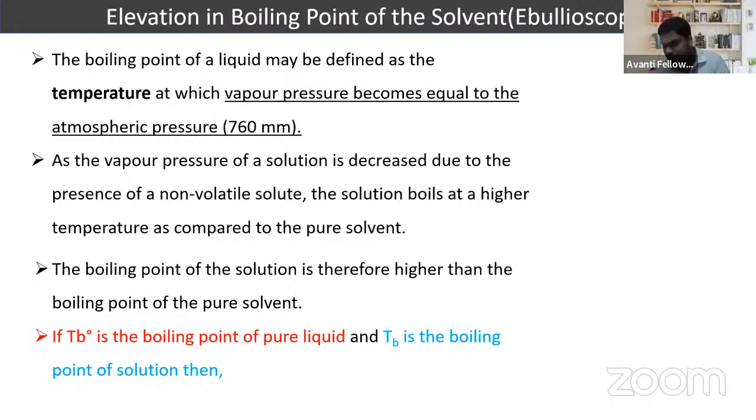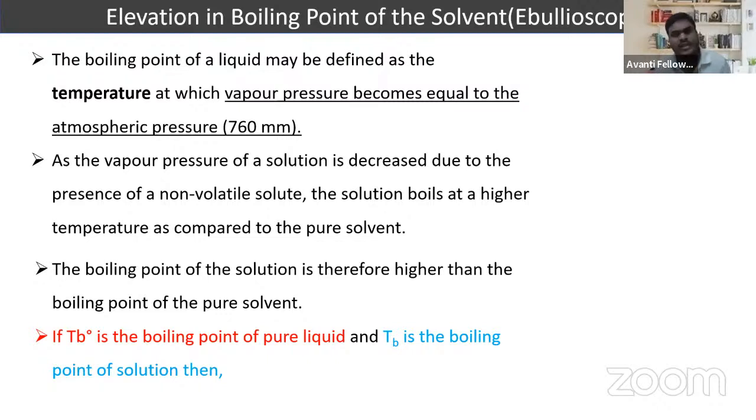Now, the next colligative property, which is also very important, is the elevation in boiling point of the solvent, also known as ebullioscopic. What do you mean by the term elevation in boiling point? Before studying it, let's understand what boiling point is. Can anyone tell me what boiling point is, beta? Okay, let me explain it to you.